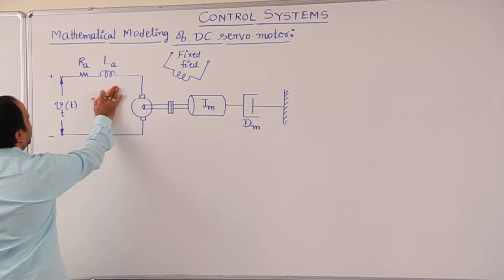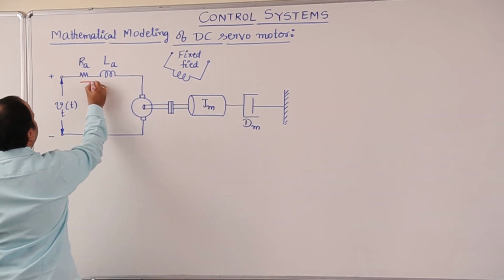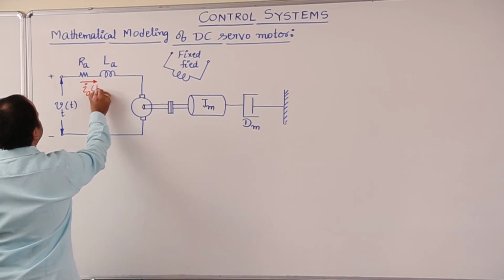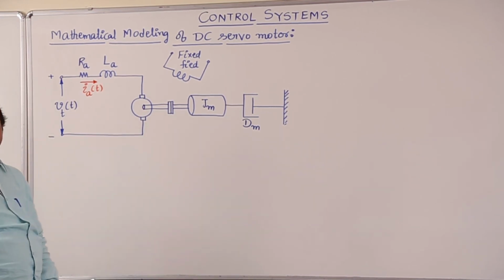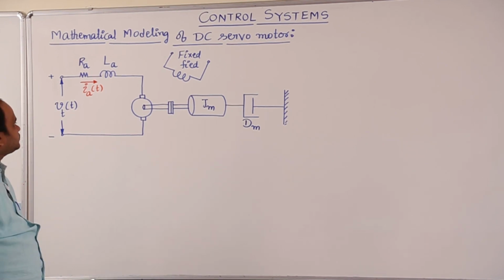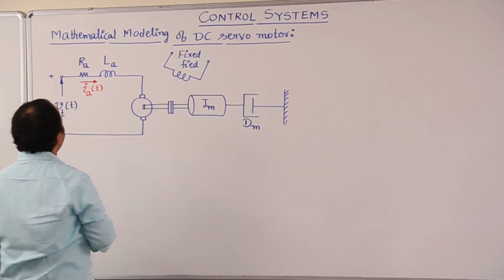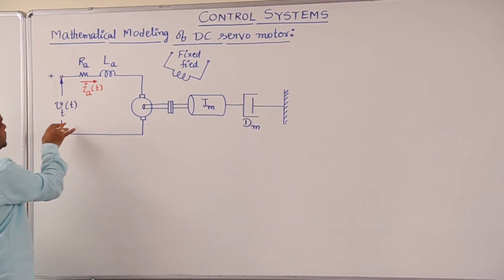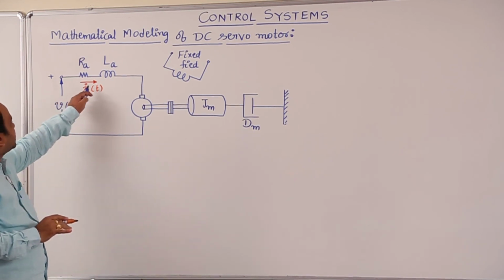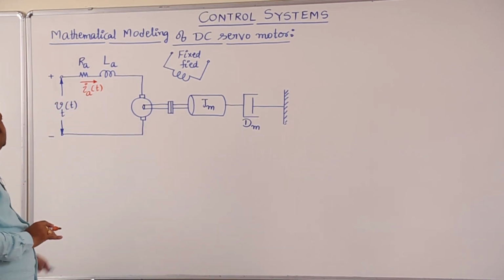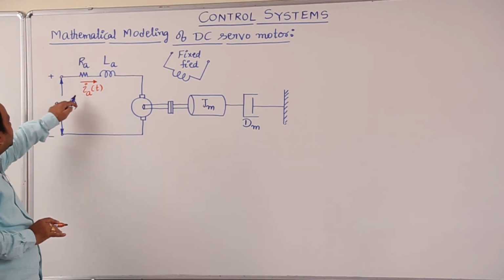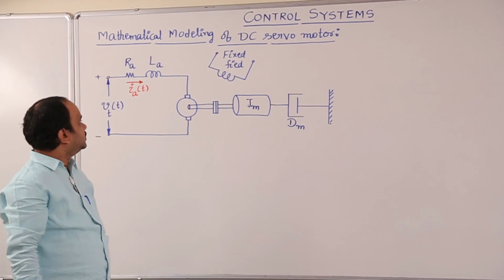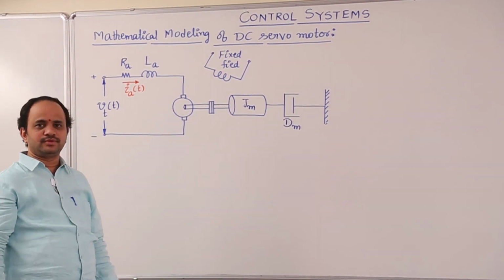And another important parameter here, armature current, let us denote that with the symbol Ia of t. Whenever by using this external DC source some current is flowing through it, that means a current carrying conductor is placed in a fixed magnetic field, therefore it will experience some force.